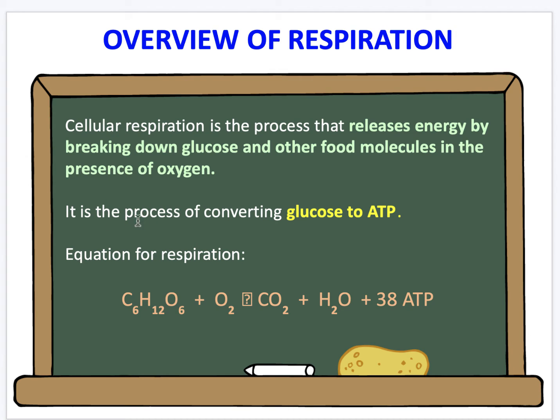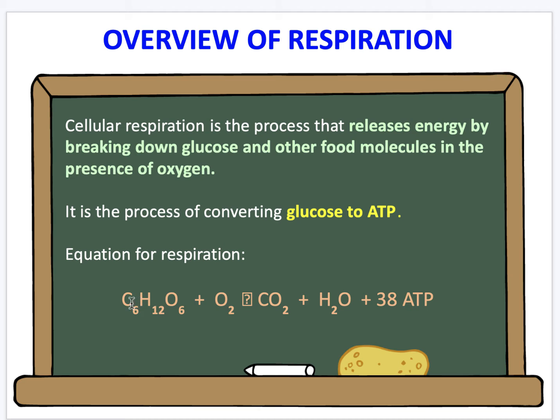Cellular respiration is the process of converting glucose into ATP. The equation for respiration is 1 molecule of glucose plus 6 molecules of oxygen gas. And right here where this question mark is, that's where the arrow should be. Remember, the arrow means yields.